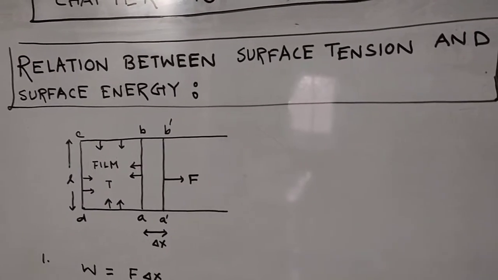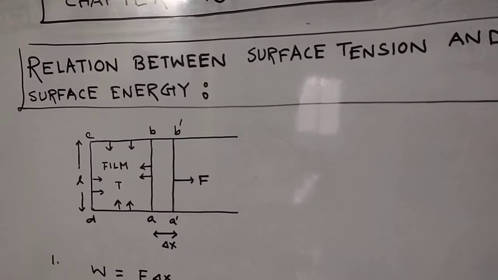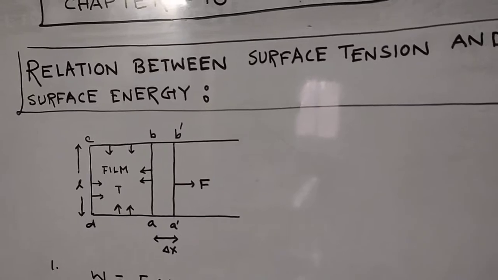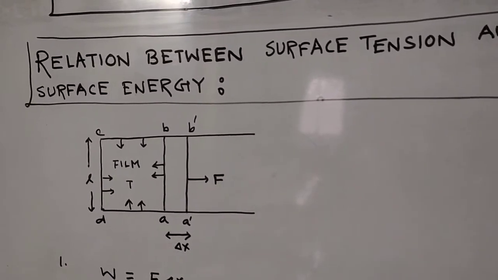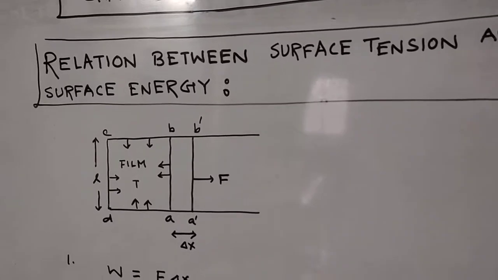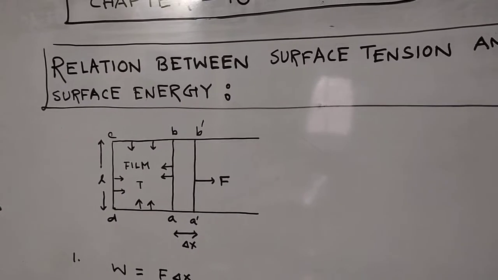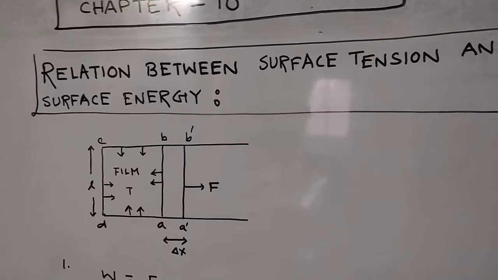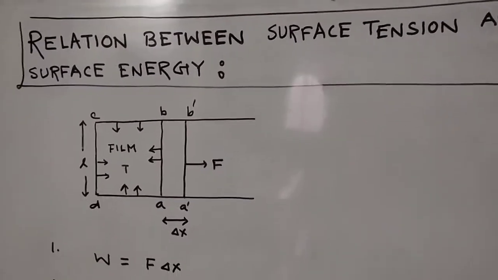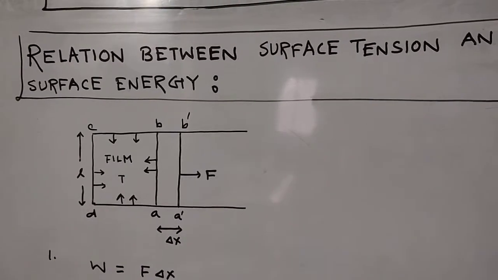If you dip this frame in soap solution, a film will be created in the boundary ABCD. So the soap film is there, ABCD.